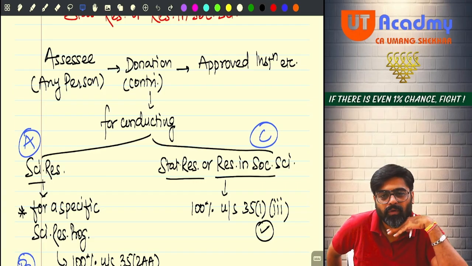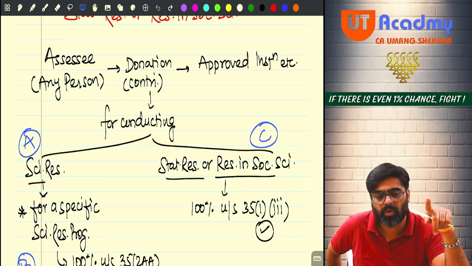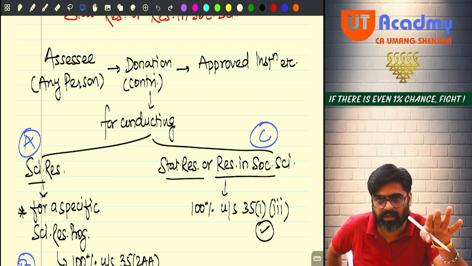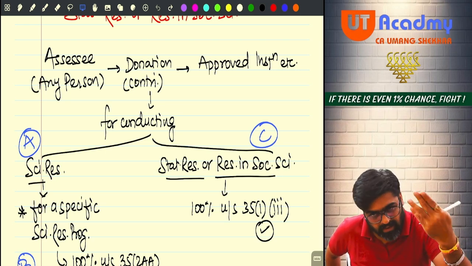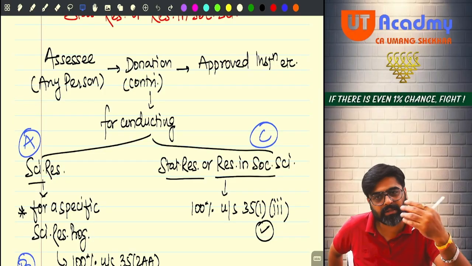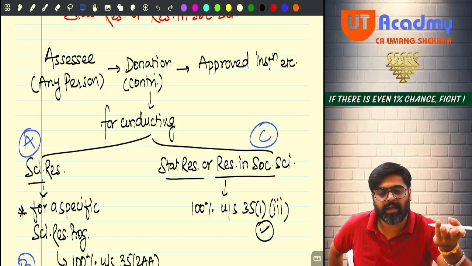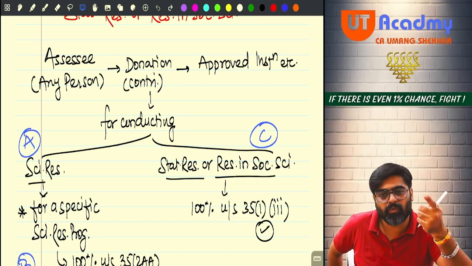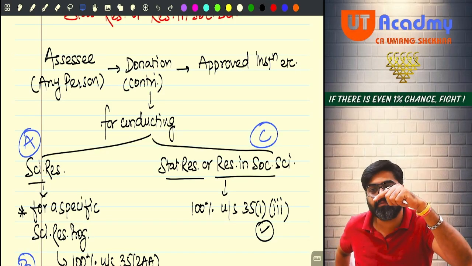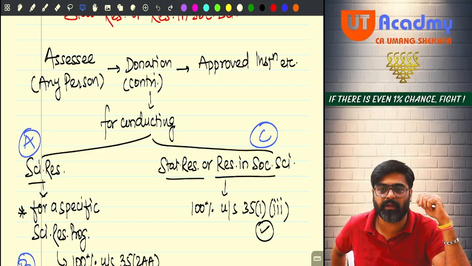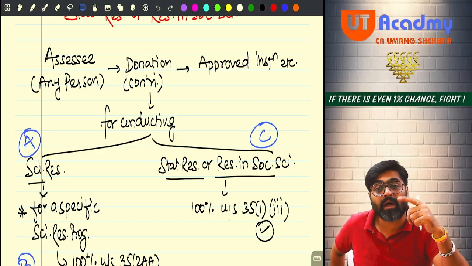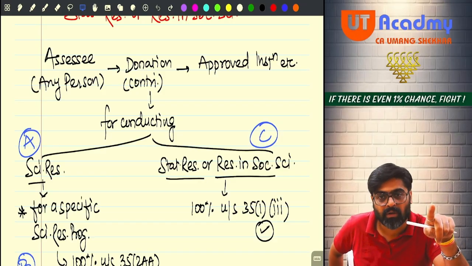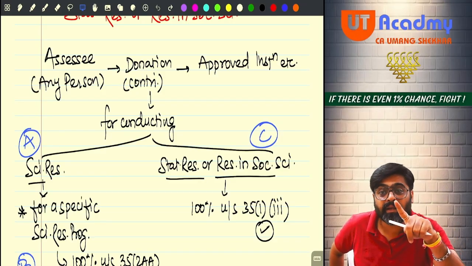No. You are going to tell him, bro, right now I am coming to claim the deduction in the assessment year. Right now, even I know that the approval is withdrawn. But bro, when I donated, at that time, it was an approved institution only. So even if later on, after I make the donation, the approval was withdrawn, you cannot deny deduction to me.